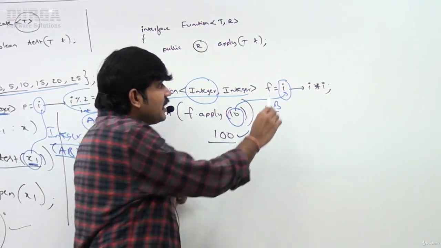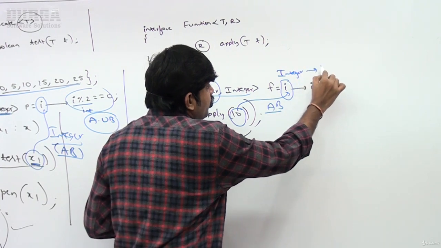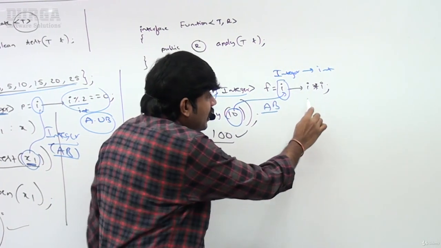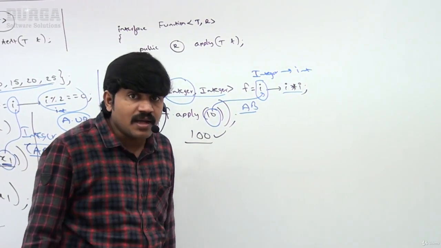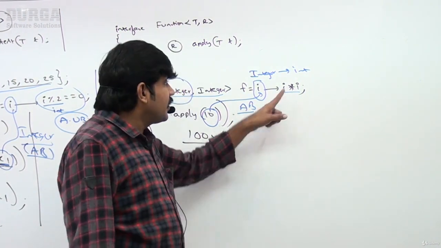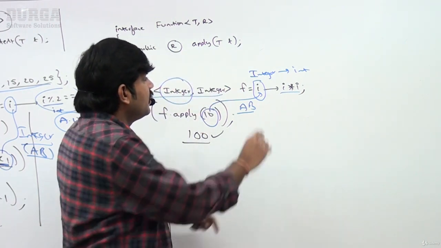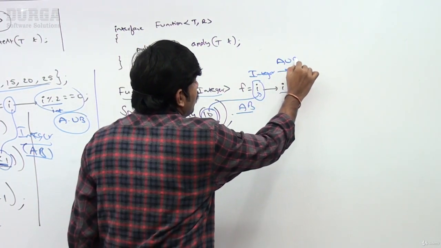Next, Integer to int should be converted, otherwise the multiplication operator you can't apply. Arithmetic operators are applicable for primitives, not for objects. Internally, first it will be converted into the primitive type, Integer to int, auto unboxing.